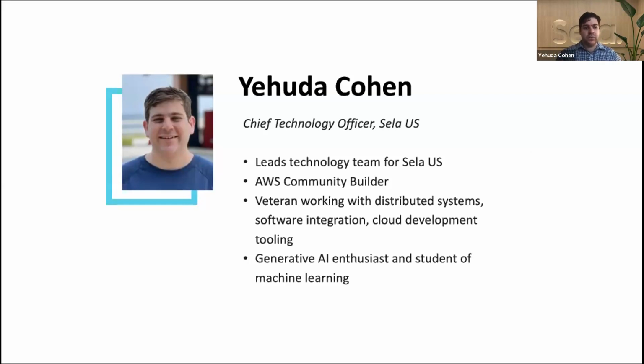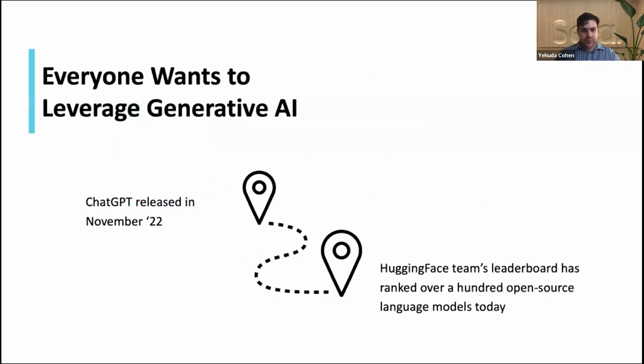So let us start off with the reason that you're all here today, and that is that everyone wants to leverage generative AI technologies. ChatGPT was released in November of last year.